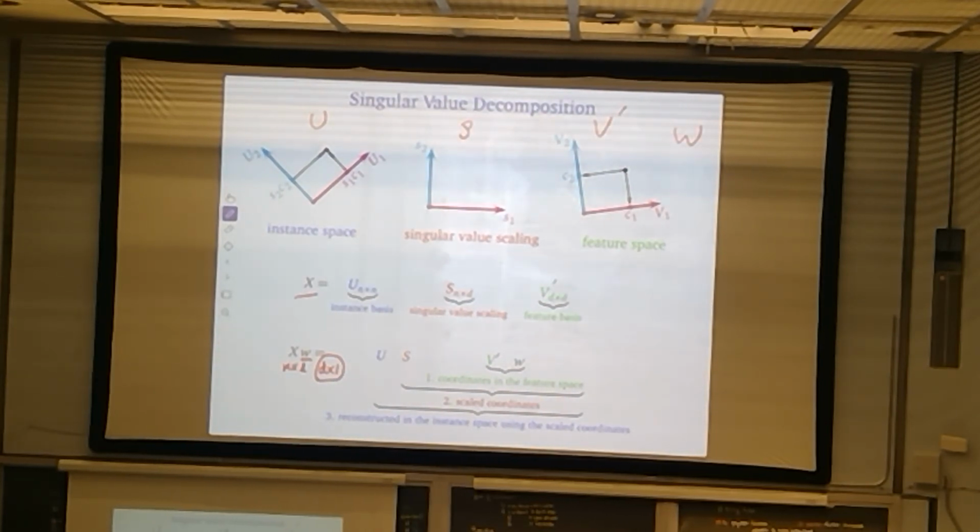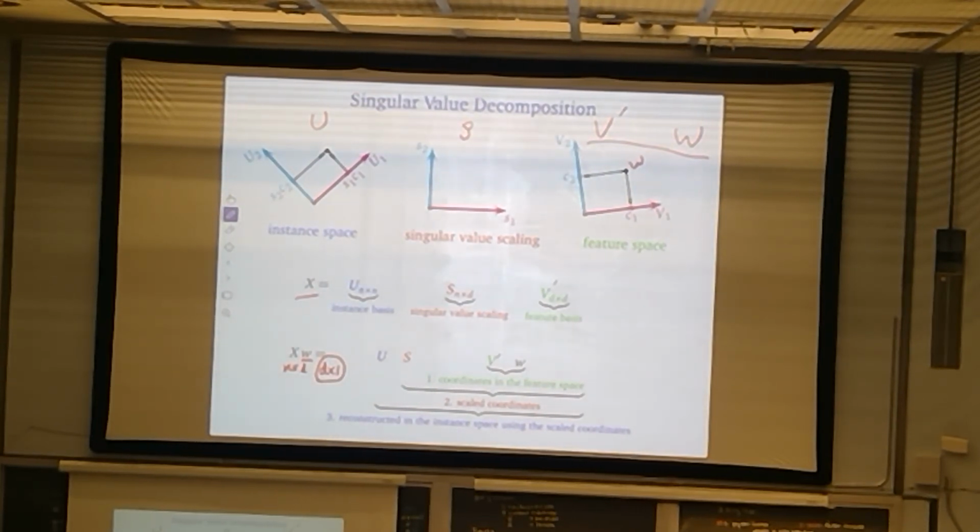So if this is my W point, first V transpose W. U and V come in pairs, right? I color-coded them for consistency. If this is my first right singular vector, this is my left singular vector. There's no ambiguity, it's one-to-one.